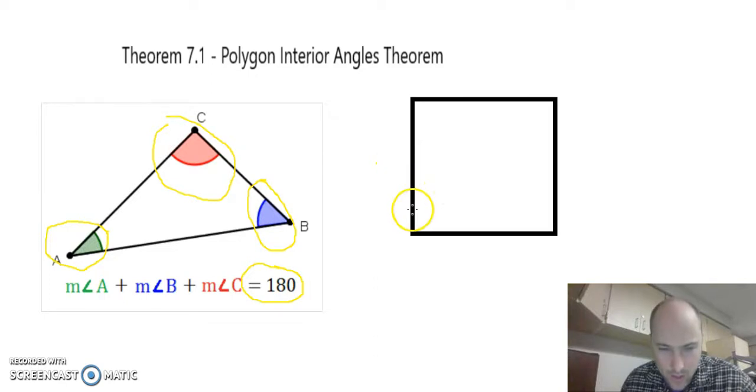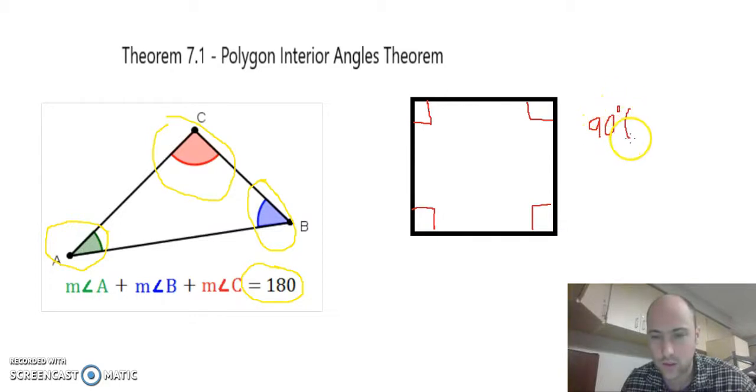The great thing about a square is, by definition, it has 4 90-degree angles. So we have 90 plus 90 plus 90 plus 90, or 90 degrees times 4, and that equals 360 degrees.